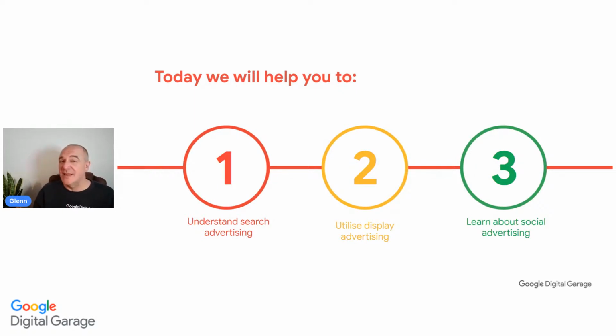Of course, we'd like to get those new customers flowing through and extend our reach on social networks like Facebook, Instagram, LinkedIn, whatever you feel is going to be applicable for you and your audience. So we're going to be looking at the key advertising options that are available to us, the benefits across each of those channels, making sure we're doing the right things with our advertising, and how we set up our advertising campaigns.